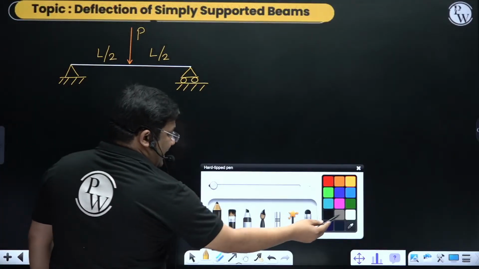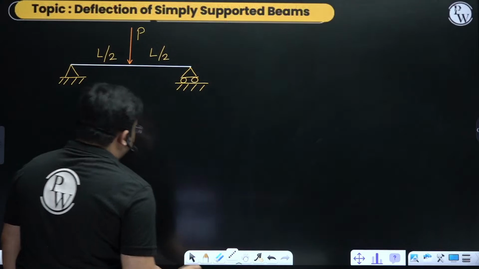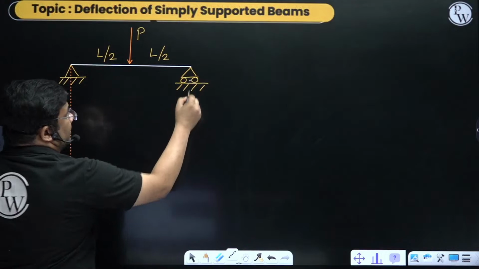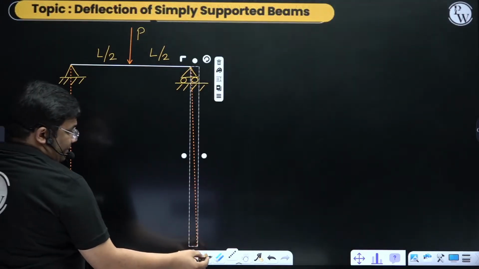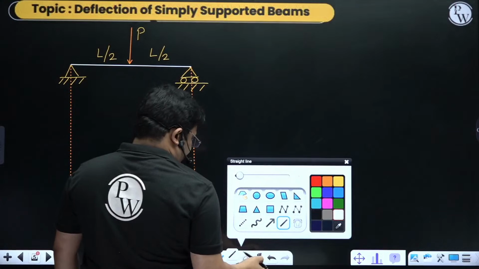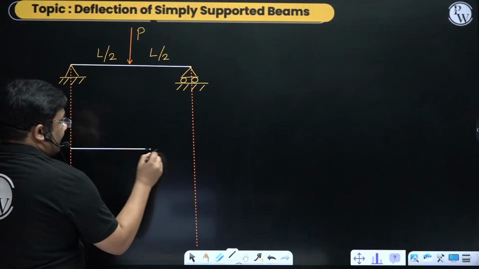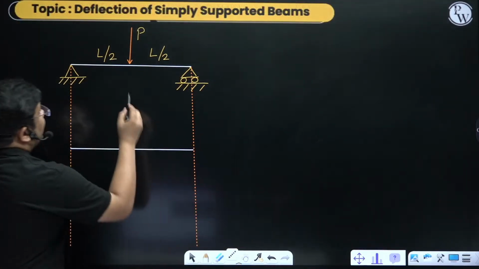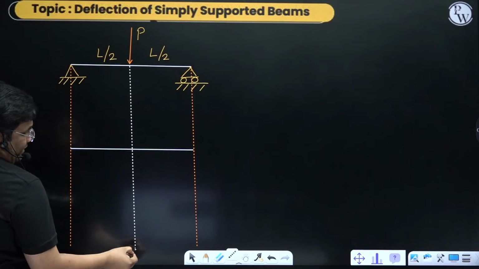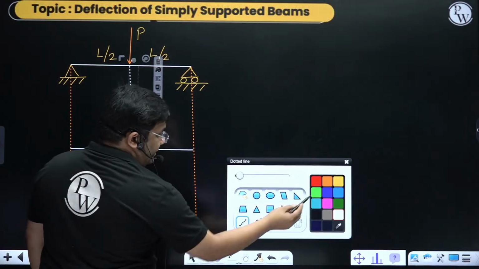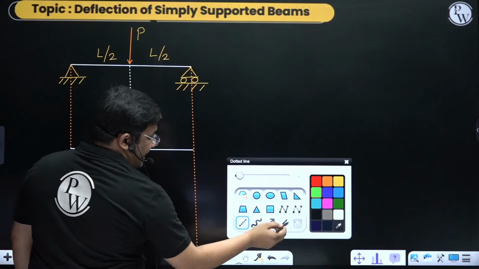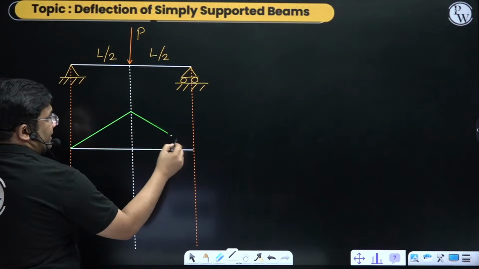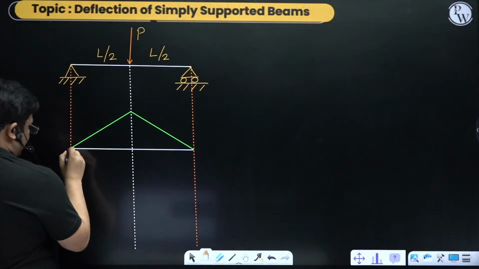We have to draw the bending moment diagram. We already know the bending moment diagram of this particular beam. It was something like this: linear, maximum at the center and 0 at the supports.